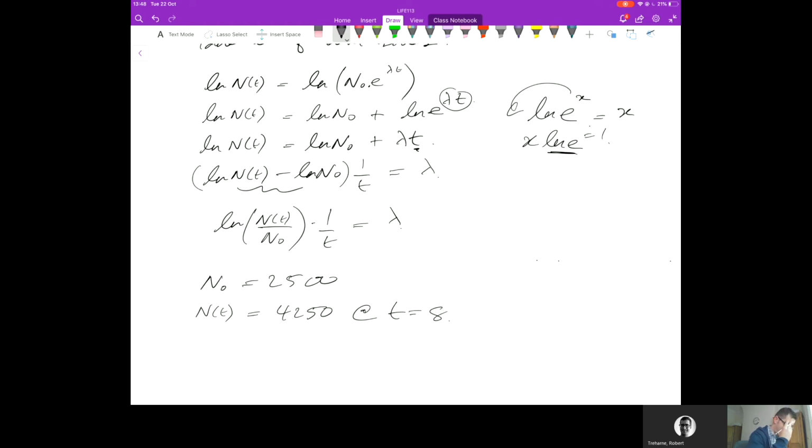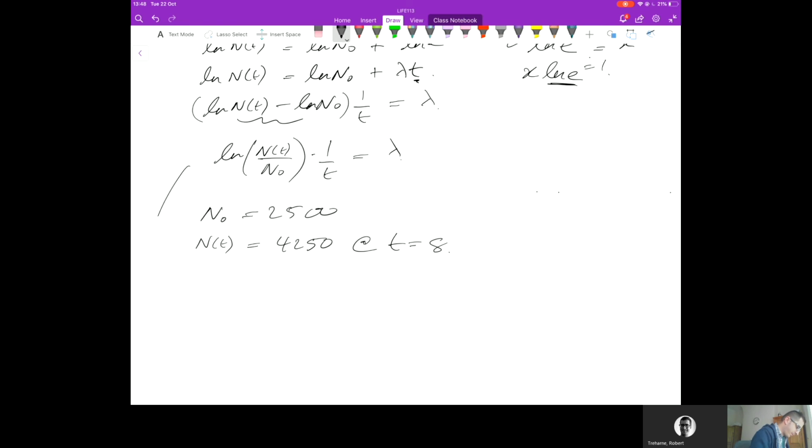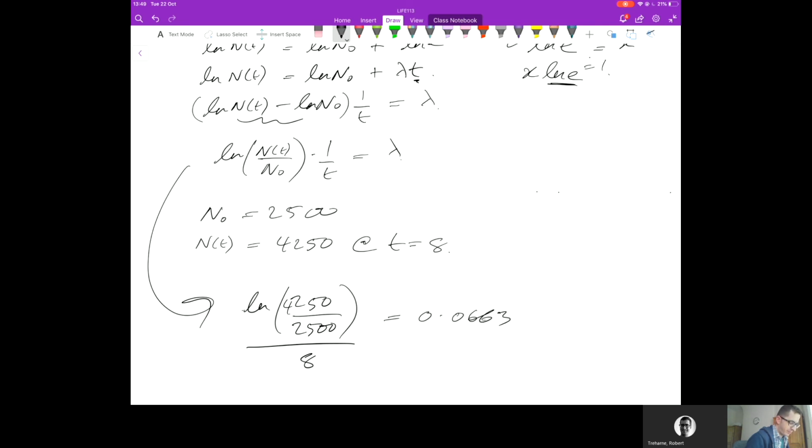So I can plug all of this in: ln of 4,250 over 2,500, all over 8, and I get a value for lambda of 0.0663 to 3 sig fig.